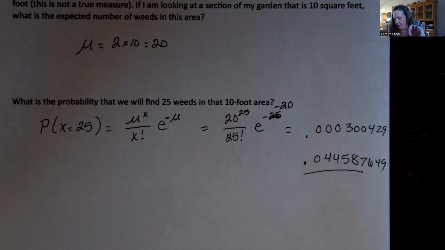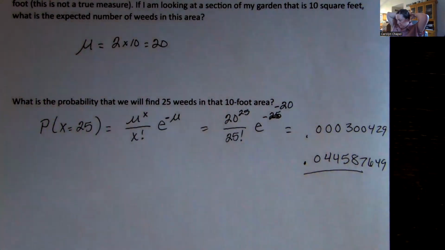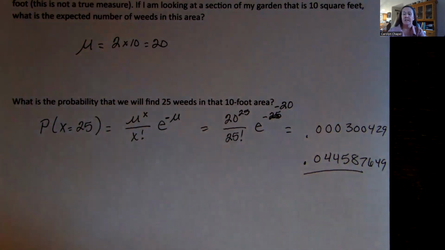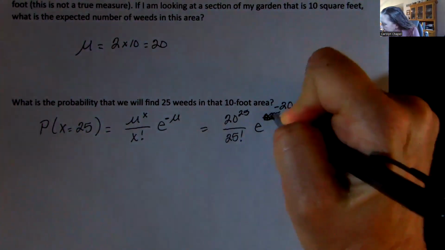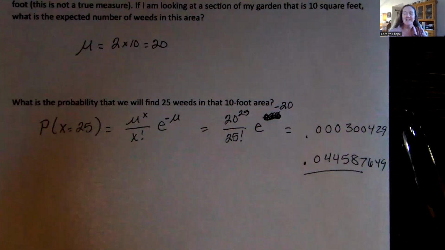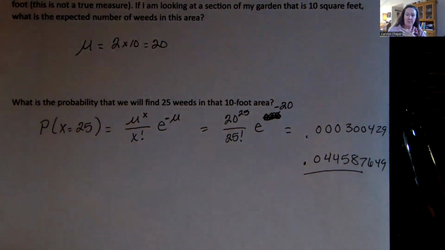And then multiply it by the E to the -20th power, not -25. And there's my 0.044. Shoot. Sorry about that. Again, I apologize for my error. Sometimes that's why I like technology to help me, because sometimes humans, we make silly mistakes. And this is one of them. I stuck the wrong number in the wrong spot.